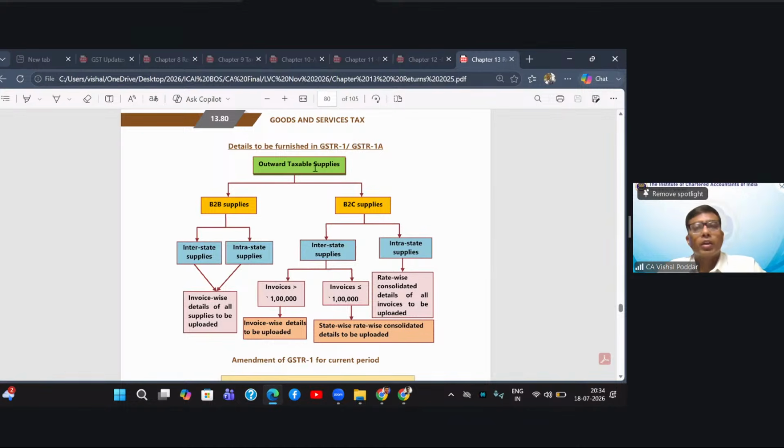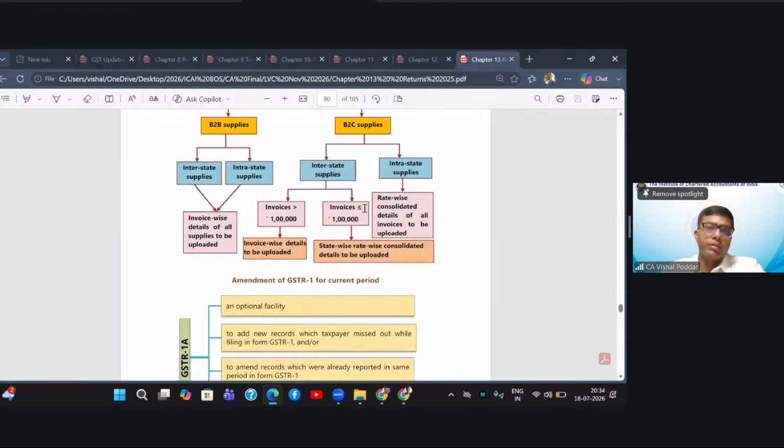Now, what are the details going in 1A? Outward supplies, interstate, intrastate. If it is B2B, invoice wise detail is going. But if it is a B2C supply, then the game changes. For intrastate B2C supplies, you only have to upload consolidated details of all invoices; you need not upload invoice wise details.